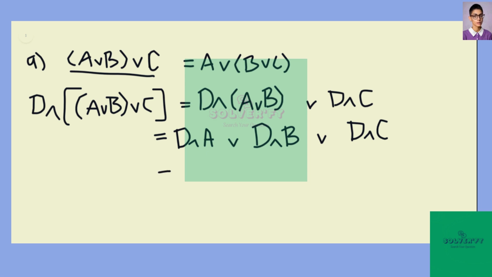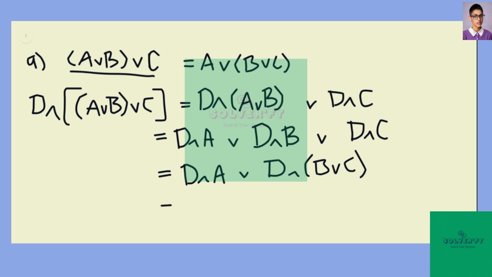So this is going to be equivalent to D and A, or D and B or C. Again, we're just using the distribution property.